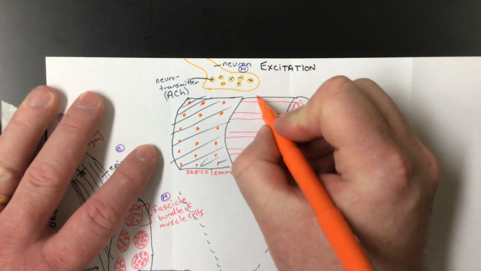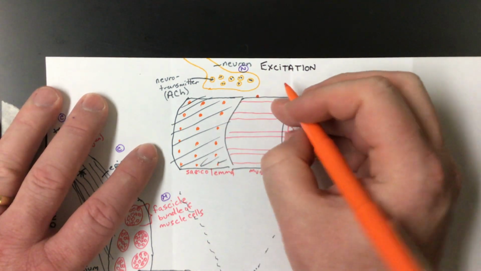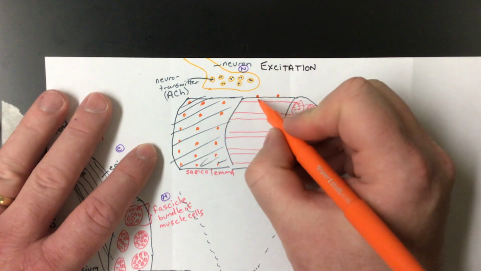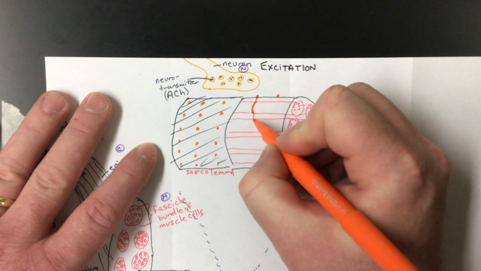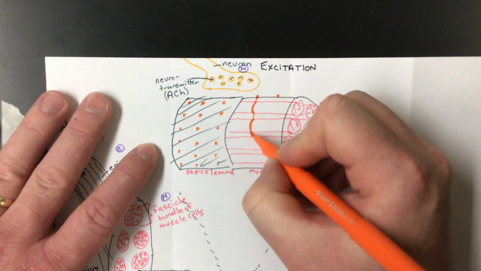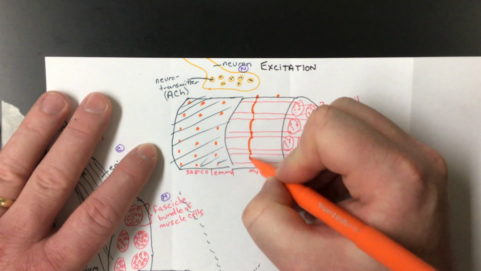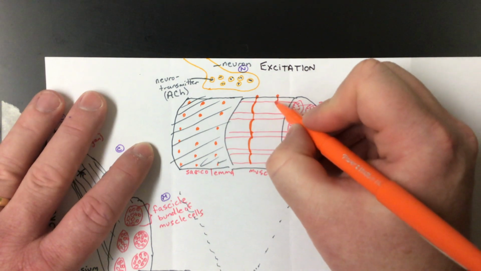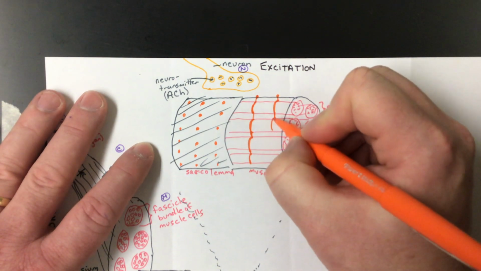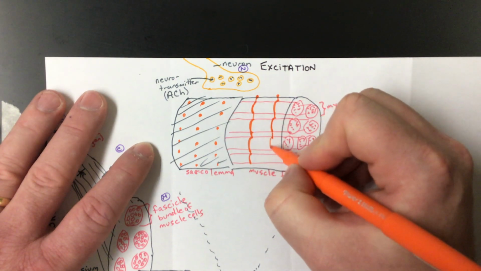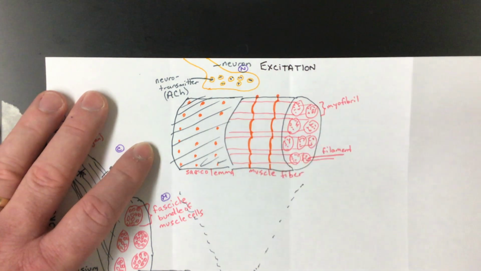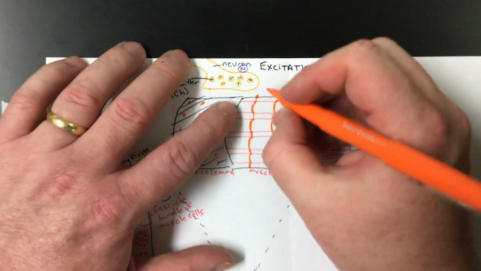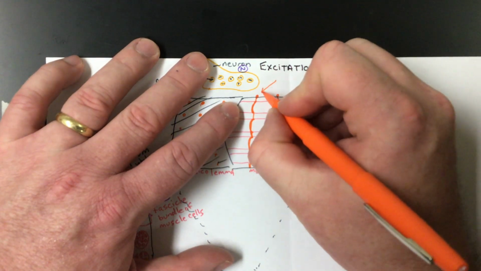So there would be like a hole in the sarcolemma, and then the T-tubule would come down and interact with each of these myofibrils down here. So let's label this guy. This guy's a T-tubule.